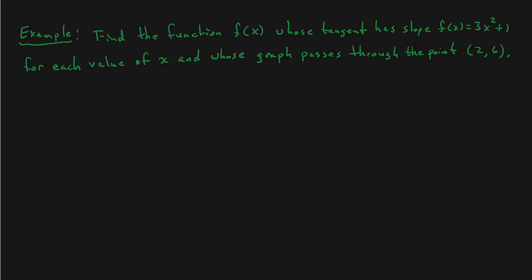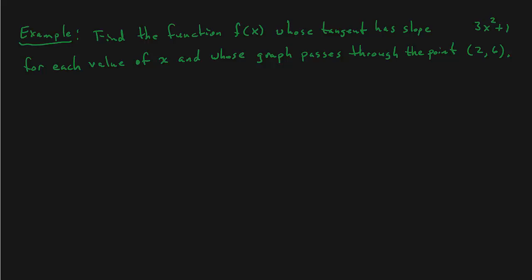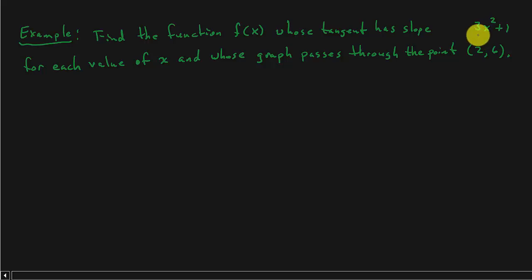I actually copied the problem down wrong. I should not have put the f of x. It's just whose tangent has slope 3x squared plus 1. So we want to find the function. They gave us the slope. This right here is the slope.